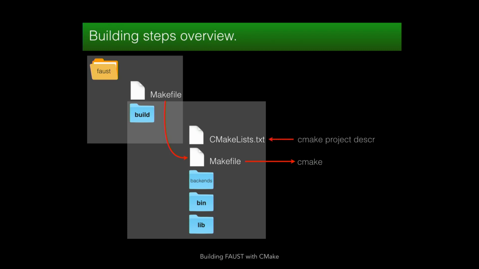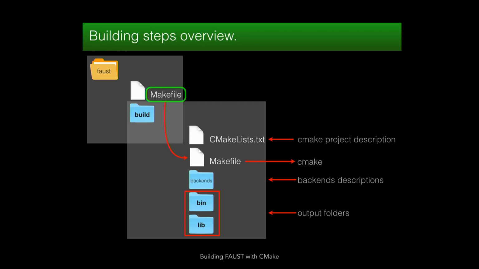And in this build folder you find the Cmake project description, a folder named backends that contains various backend setups, and the output folders that I have just mentioned.